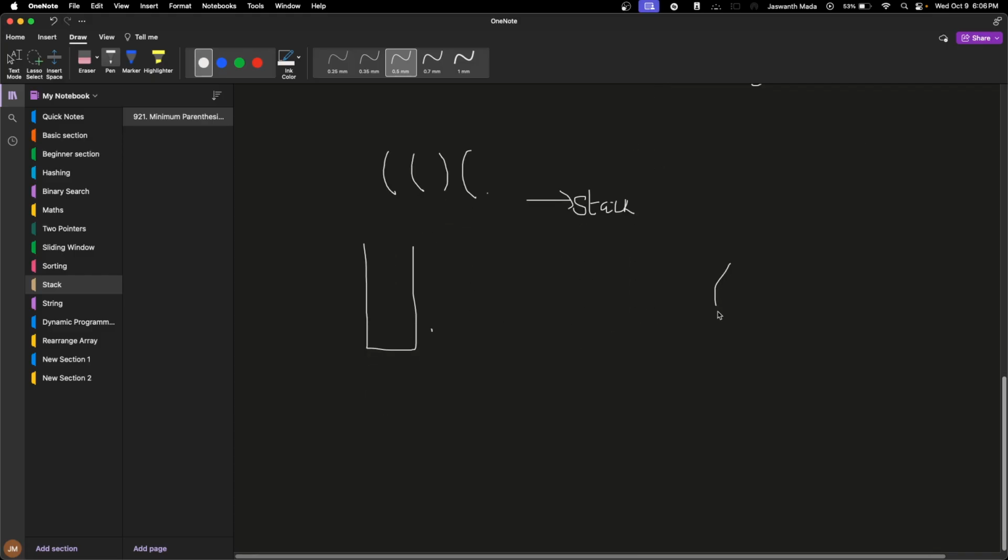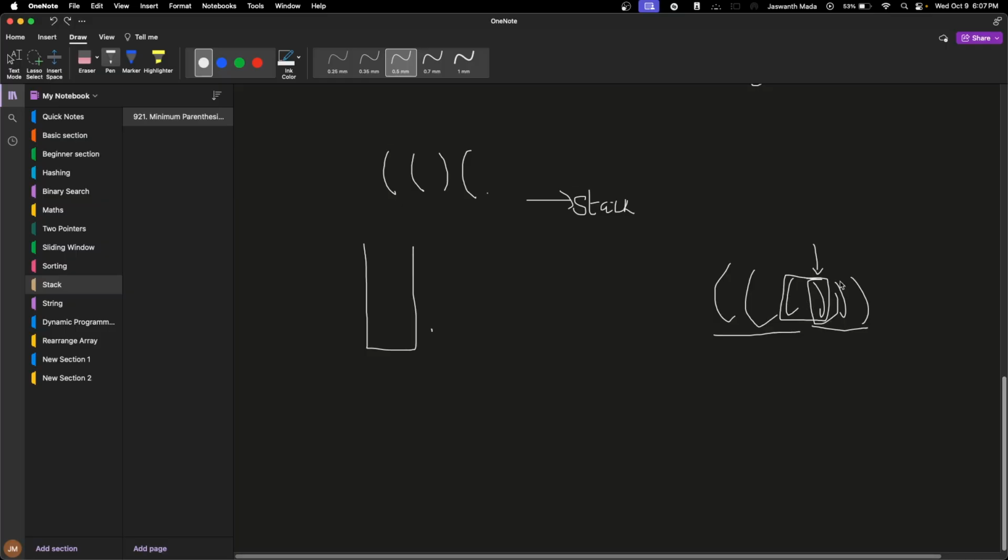I'll give you an example. Suppose we have these 3 open parentheses and we have these 3 closed parentheses. When I come here, I need to map it with the first one, right? I cannot map this with this, and I cannot map this with this as well. I can only map the right parenthesis with the topmost left parenthesis.